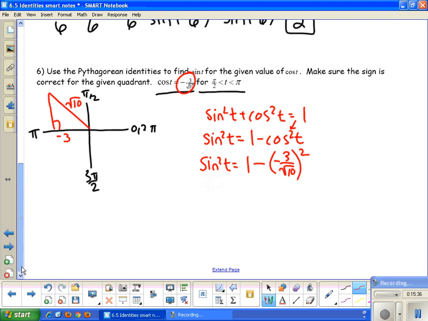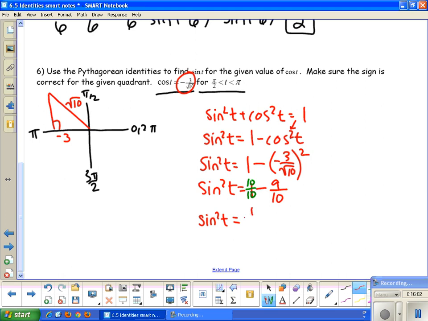And then if I keep going, I get sine squared t equals 1 minus -3 squared would be 9, and root 10 squared would be 10. Now I need a common denominator to get these together, so sine squared t would be equal to, what's common between these two would be 10 over 10 if that's just 1.